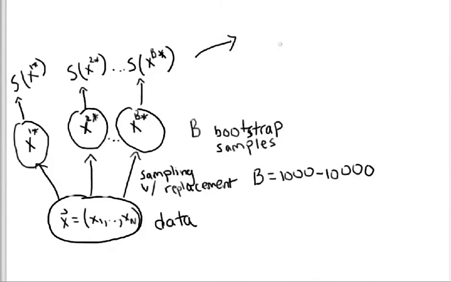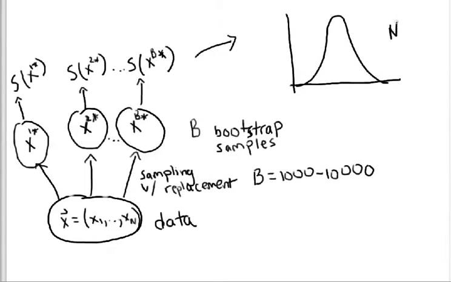And from our 10,000 or 1,000 statistics that we've computed from our bootstrap samples, we can now plot a histogram of those samples.